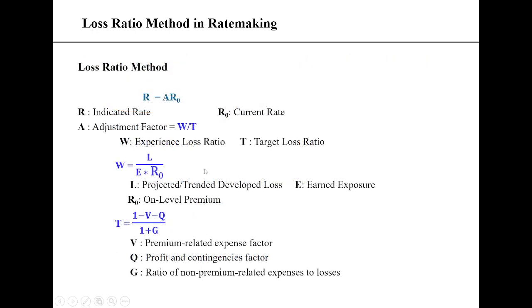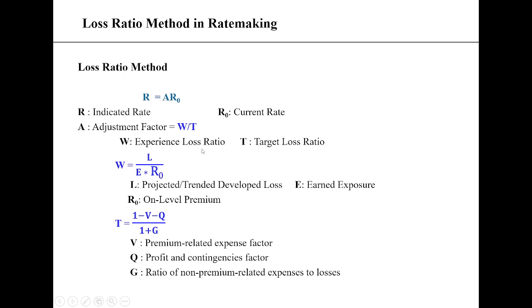And actually, very briefly, probably everybody knows this. Our future indicated rate would be, like we come up with the adjustment factor against the current rate. So the adjustment factor A would be the experience loss ratio over the target loss ratio.